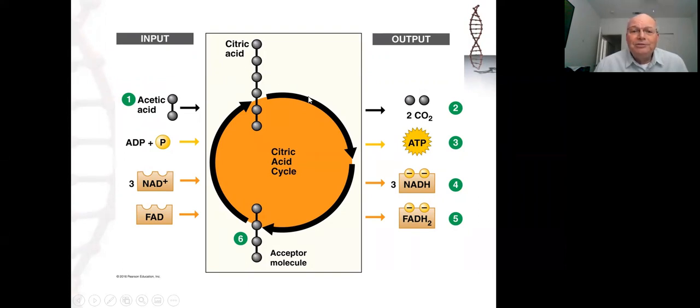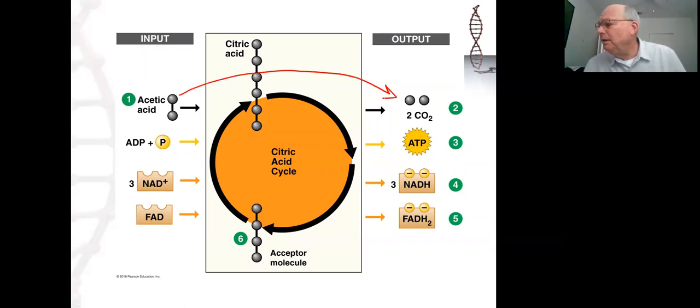As that then passes through the next couple of chemical steps in the citric acid cycle, we get the release of carbon dioxide. So the acetic acid carbons give rise to the carbon dioxides.